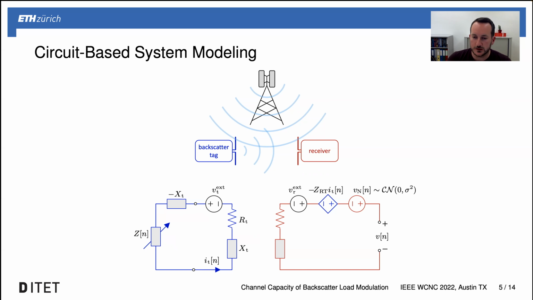The receive-side circuit has this induced voltage, which is due to the tag current. And this tag current is affected by the load impedance and is due to the induced voltage here. Otherwise, without this induced voltage, there would be no activity at the tag. Furthermore, we have thermal noise at the receiver with this Gaussian model. And the received signal is the antenna voltage.